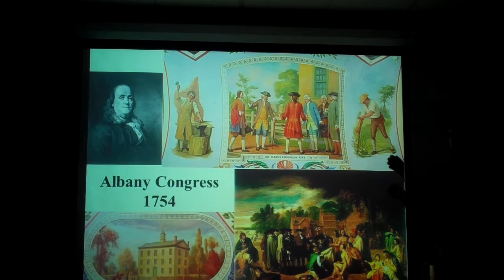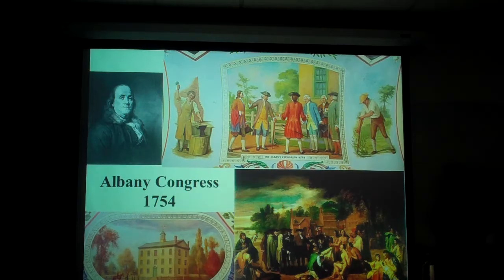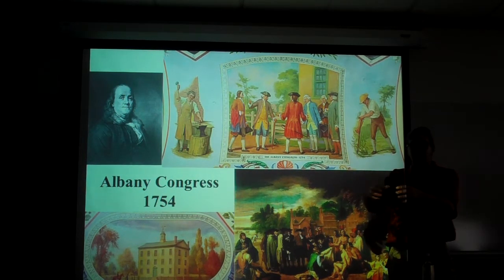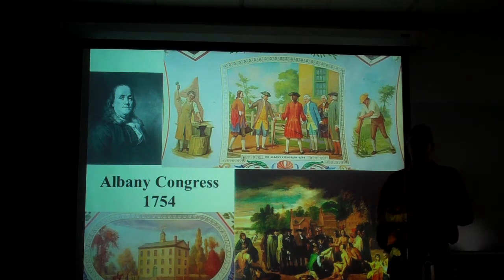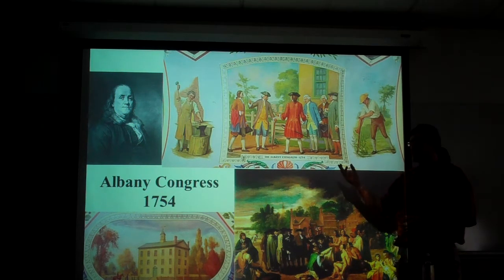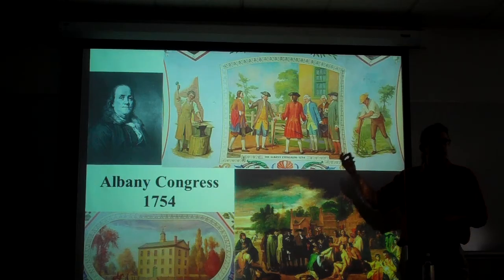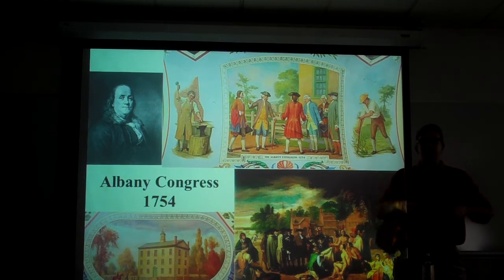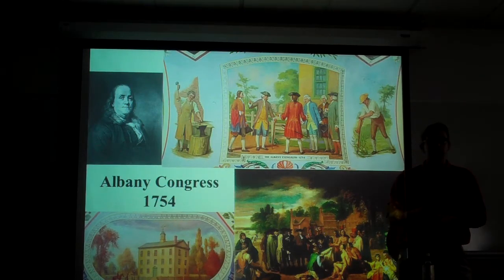So Franklin organized this meeting in Albany with two objectives. The first was to try to get the colonies to unite together. He was convinced that if the colonies tried to fight France as 13 separate governments, the French could defeat them.